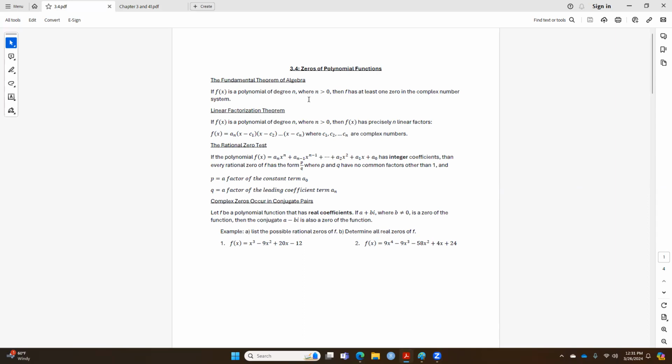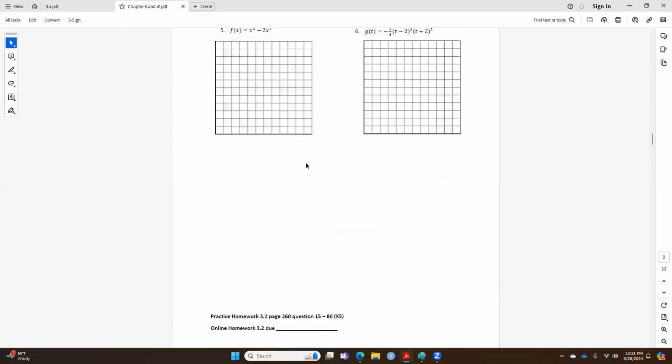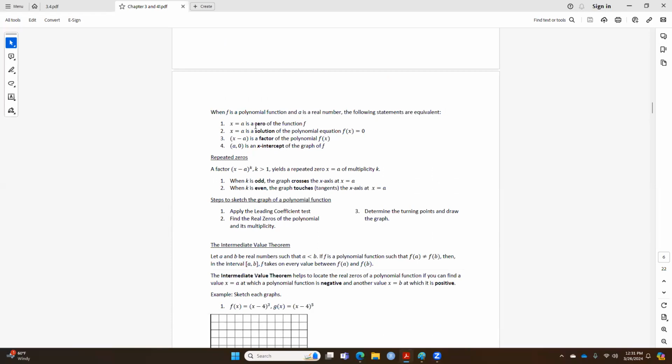Today we will go over 3.4, which is called the zeros of polynomial functions. Do not forget the word zero has other meanings also. In 3.2, the zeros of a polynomial function are also called the solution, the factor, or the x-intercept, depending on how you write it.